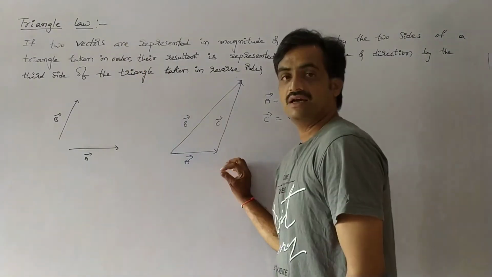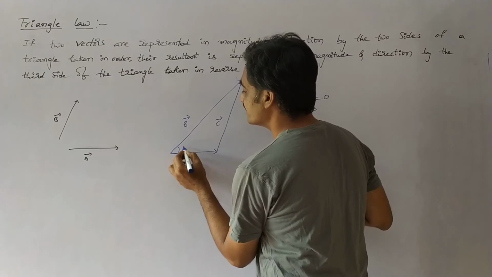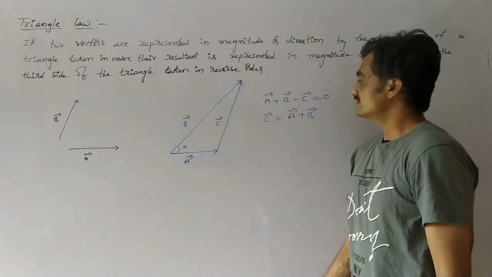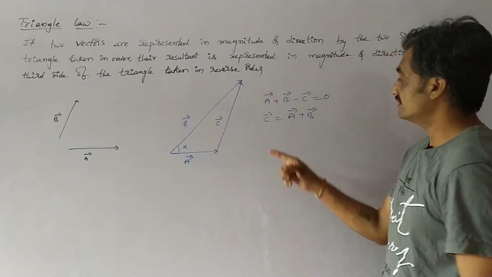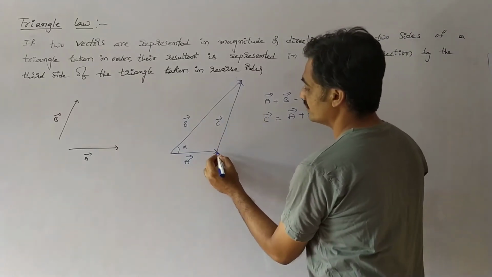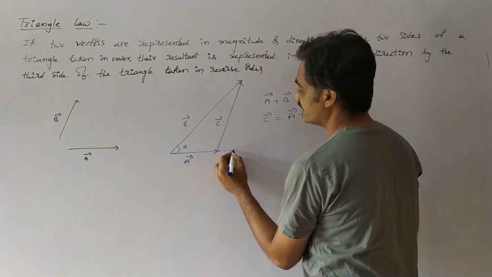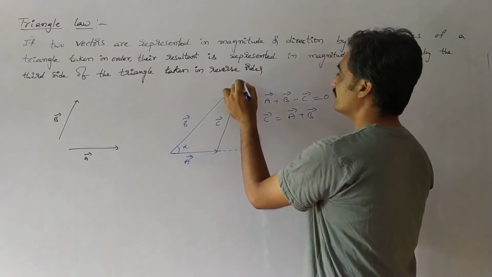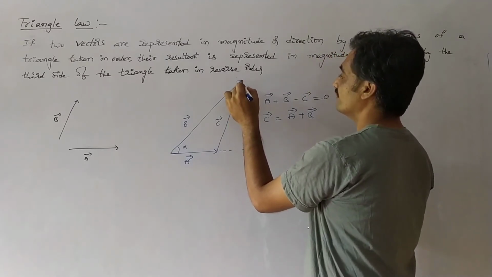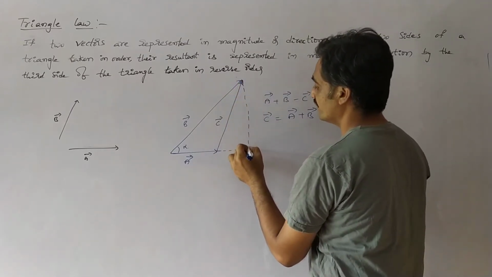Here, as you observe, the angle between the two vectors is represented by alpha. So now we have to apply the Pythagoras theorem. In order to apply it, I am going to extend the vector A bar and draw a perpendicular from this point onto this vector.